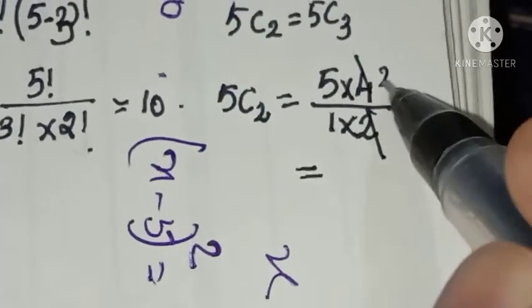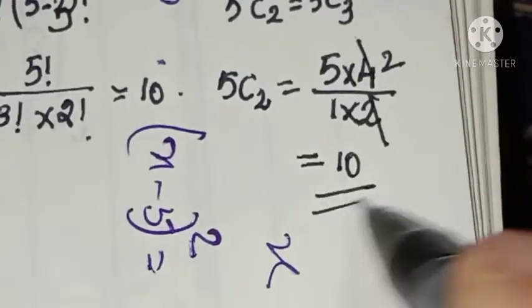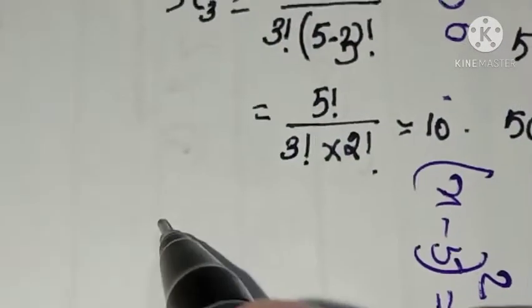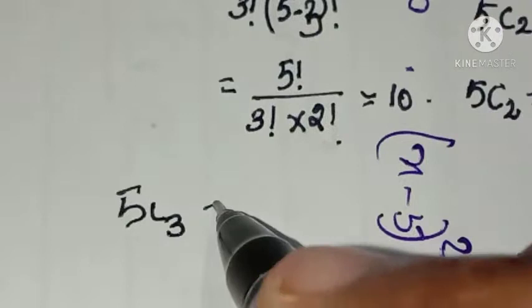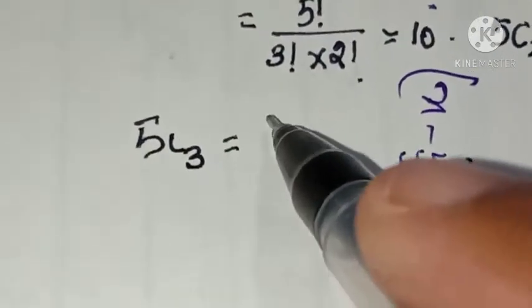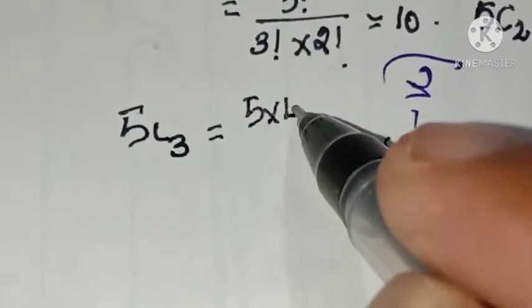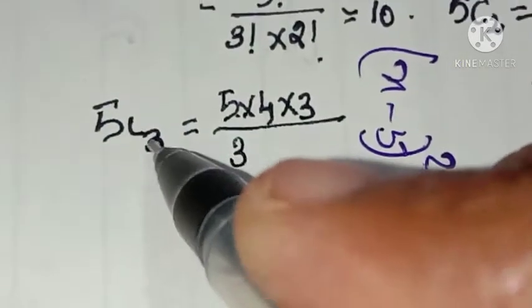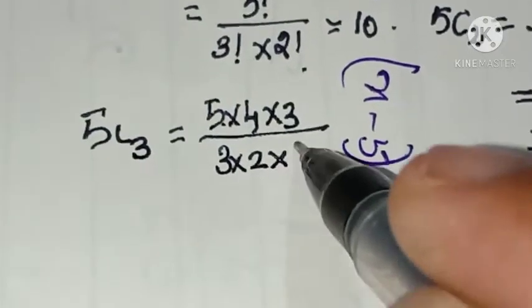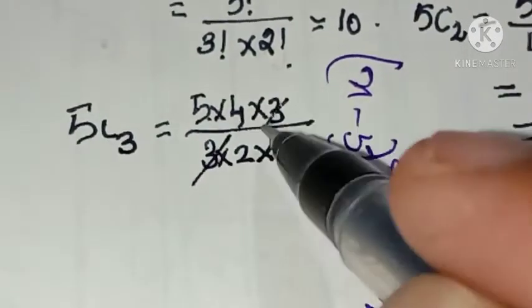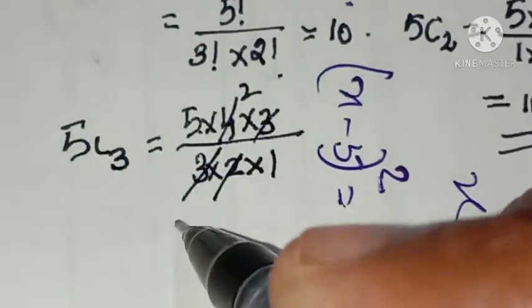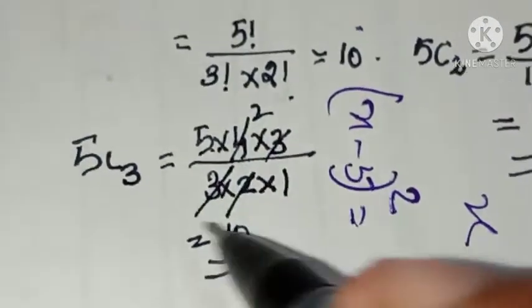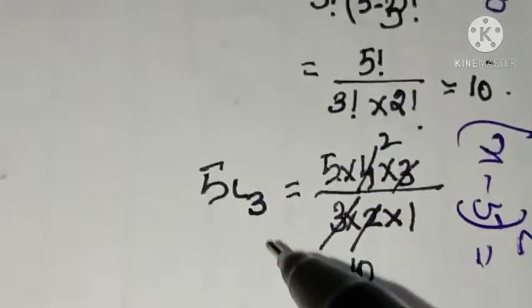So this can be written as 5 into 2, 10. Similarly 5C3: here the number is 3, so you have to write 3 numbers, 5 into 4 into 3 by 3 into 2 into 1. So we can cancel 3, 2 and 4. So 5 into 2, 10. So in the case of combination, there is no need to write down the formula. You can find the answer through this method.